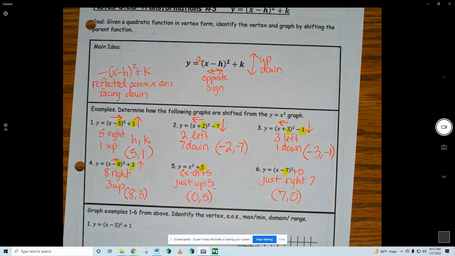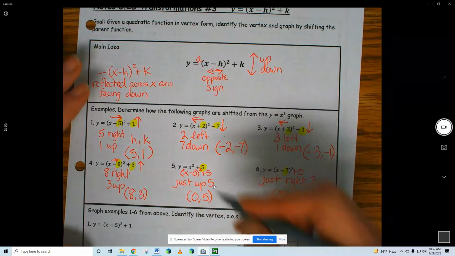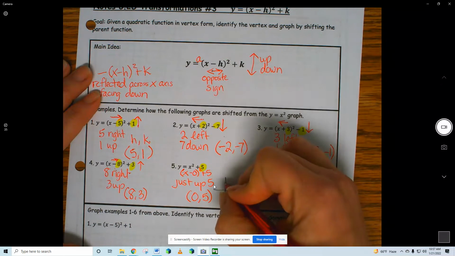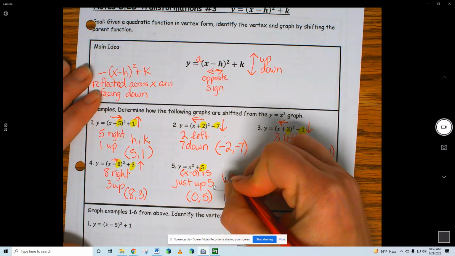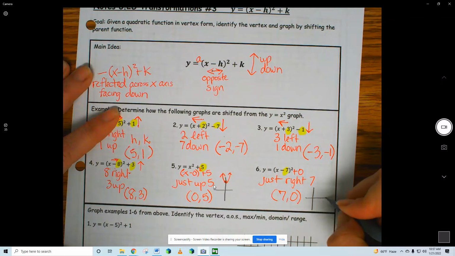This matters to me that you know the difference. 0, 5 means up 5. 7, 0 means right 7. Up 5 would be like this. 7 right would be like this. Okay?